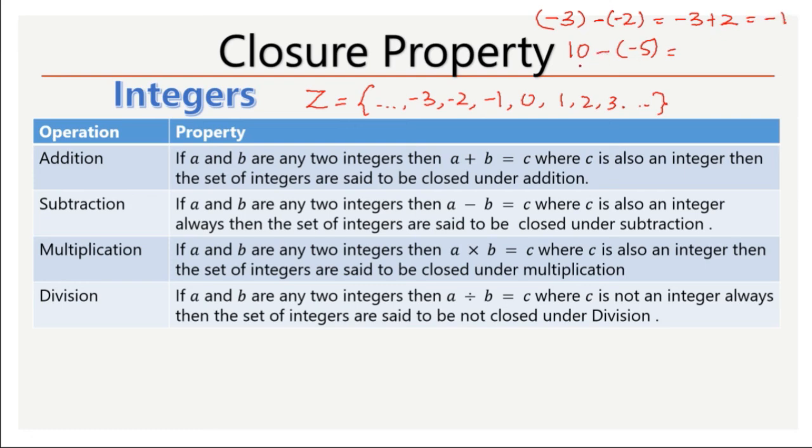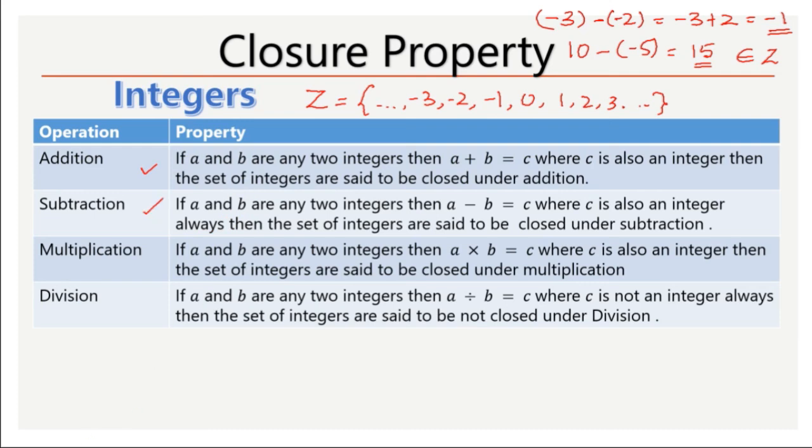When I consider 10 minus negative 5, I get positive 15. Clearly, negative 1 and positive 15 both are present in the set of integers. So in subtraction also we get that the set of integers is closed. So in addition and subtraction, they are closed.